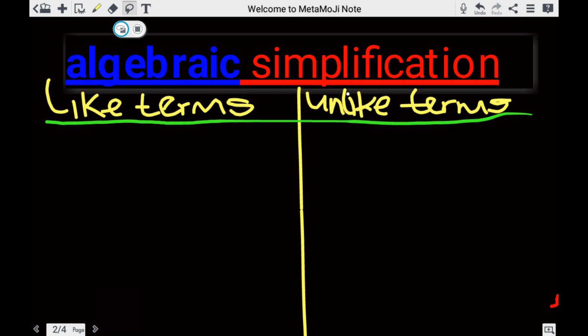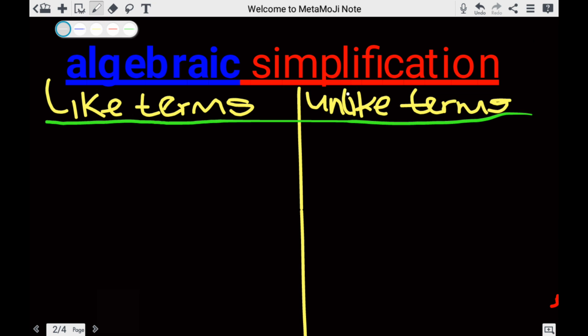So let's continue talking about like terms and unlike terms. Let's say that you have 2p, that is, there are 2 pencils. But what about p plus h, that is pencil and house?